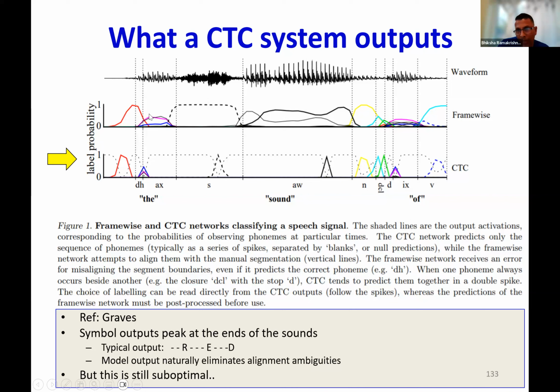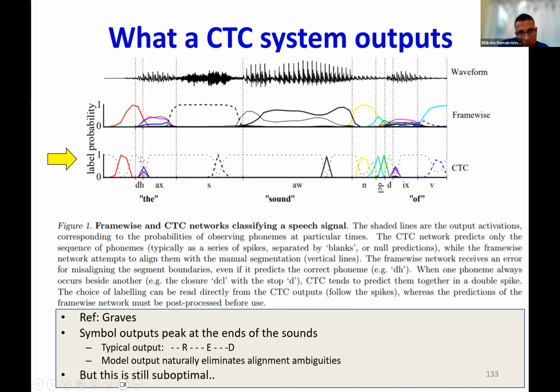The lower one is more interesting. You can see that in most of the steady states, the blank ends up capturing most of the probability, and the other symbols simply peak right where the transition is happening.